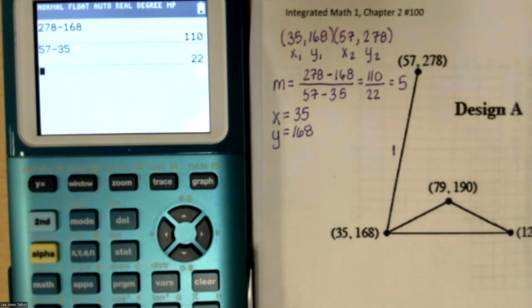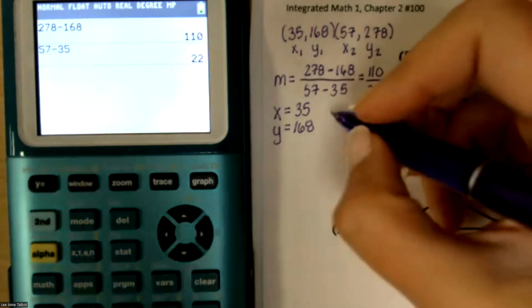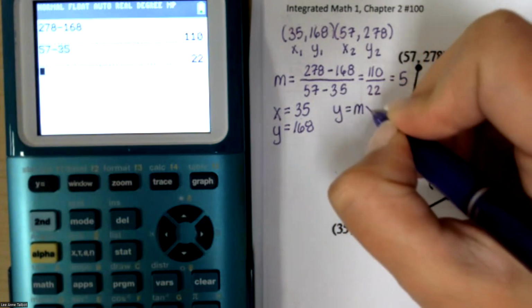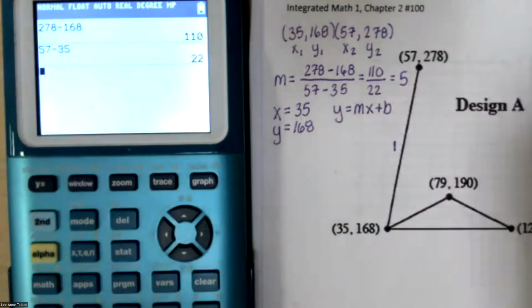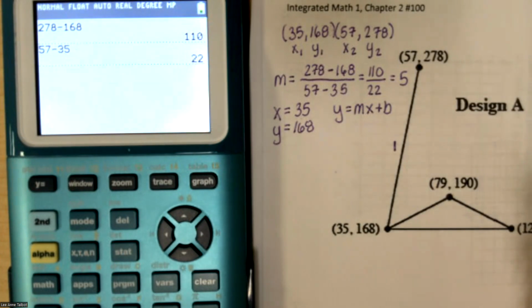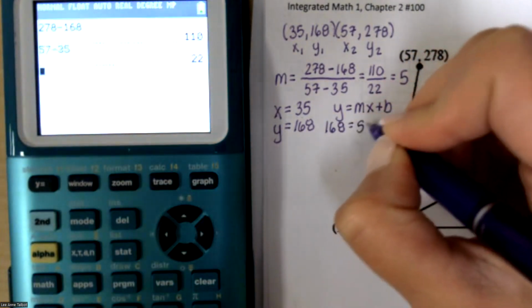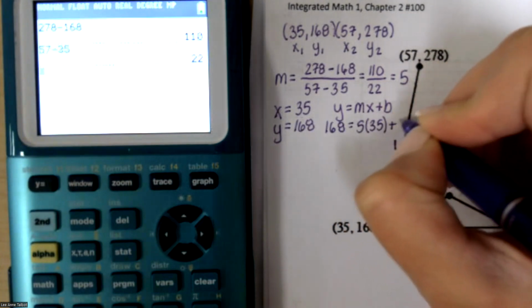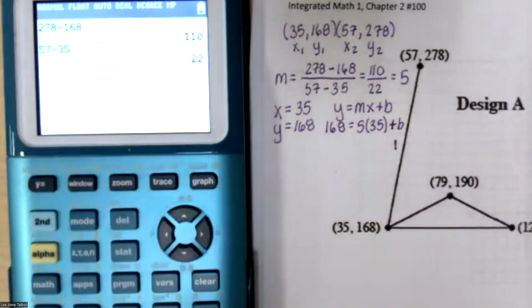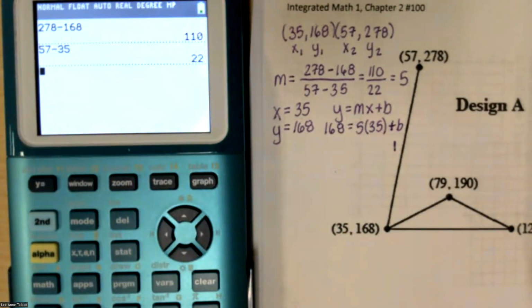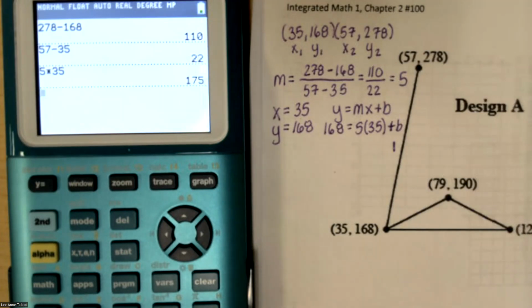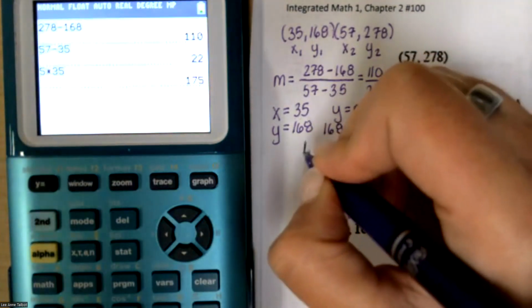Pausing here. Does everybody know where I got all my information from? What's 5 times 35?